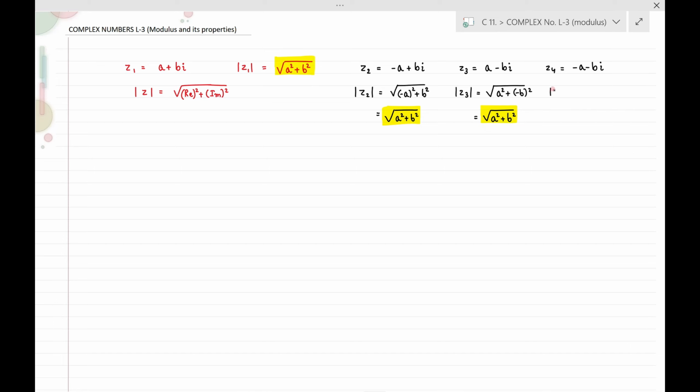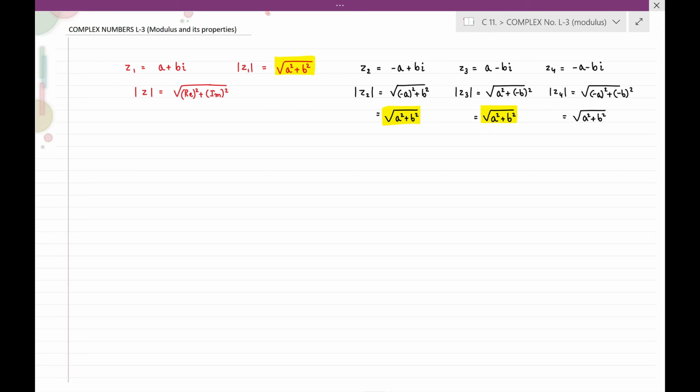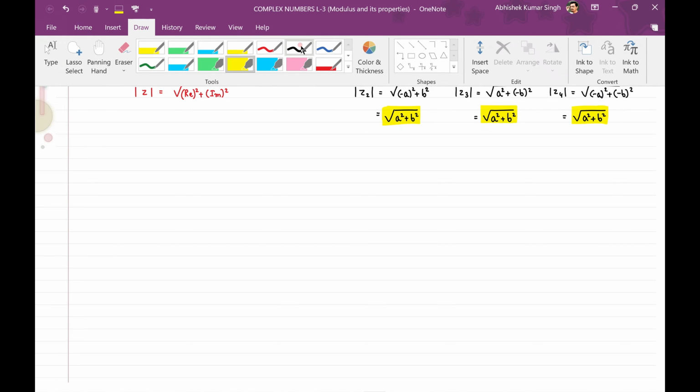Now if we find out the value of mod z4, it is again minus a whole square plus minus b whole square, and that is again equal to under root a square plus b square. So again we observe that the value remains the same. There is no difference in all these four values.